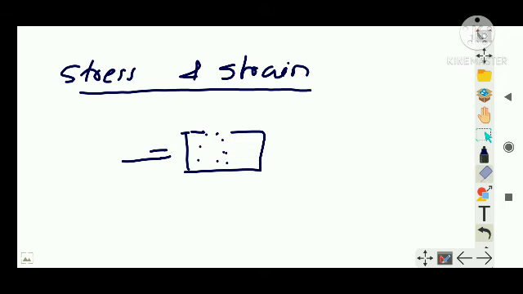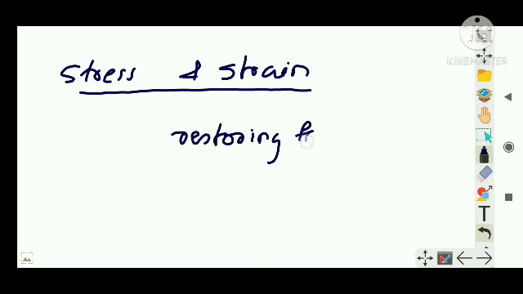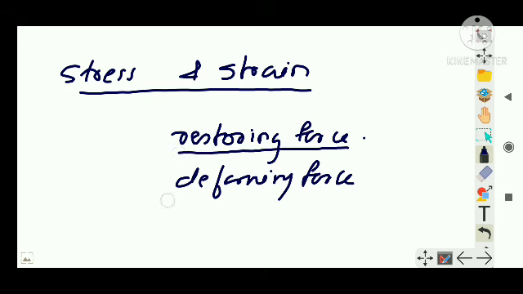So those interatomic forces can also be called a restoring force. Why restoring force? They are restoring the initial shape, right? So there are two types of force you learn now: deforming force and restoring force. What is deforming force? It brings the deformation of the object. Restoring force helps to regain the initial shape and size of the object.